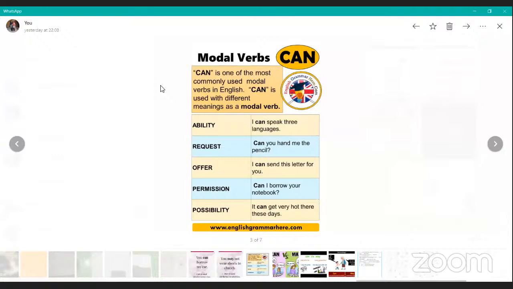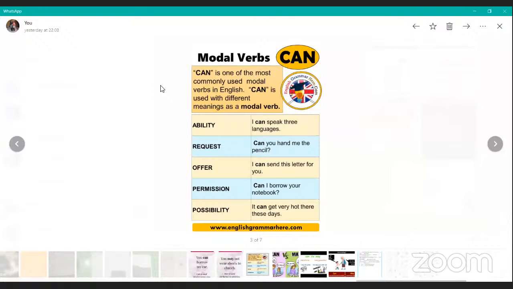The third one. It's an offer. What is an offer? Offer එකක් කියන්නේ මොකද්ද පුතේ? Look at the example given. I can send this letter for you. මට පුළුවන් ඔයාට මේ ලියුම එවන්න. යාළුවෙක් ඔයාට උදව්වක් කරන්න හදනවා.